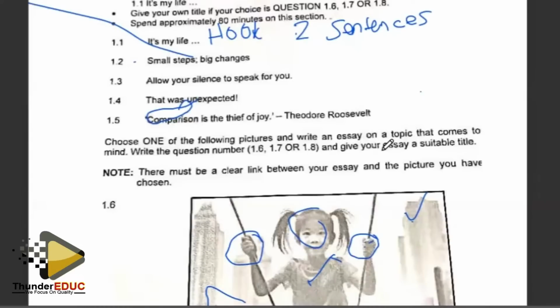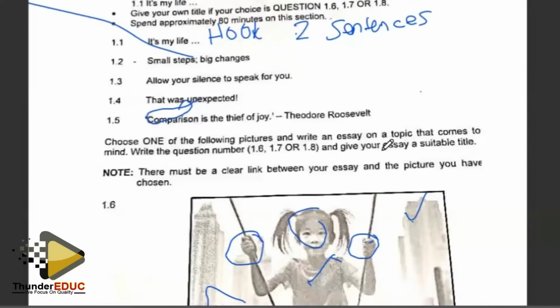Most times in life, we find ourselves in positions where we want to change things, but it is the small steps in life that ultimately lead us to those big changes that we see. Or it could be even allow your silence to speak with you. Even with that, you create the problem. You show me what the problem is. You show me where the problem could be.